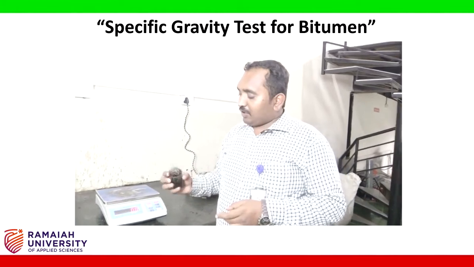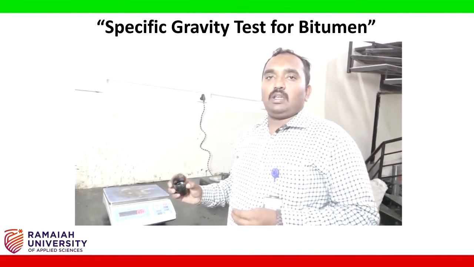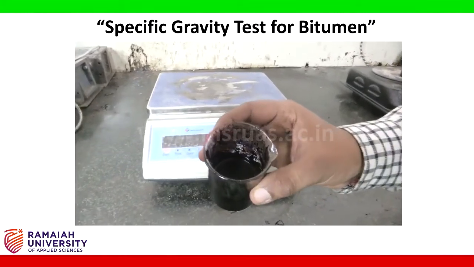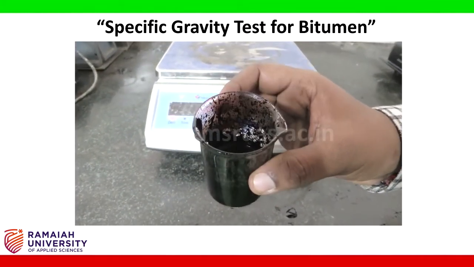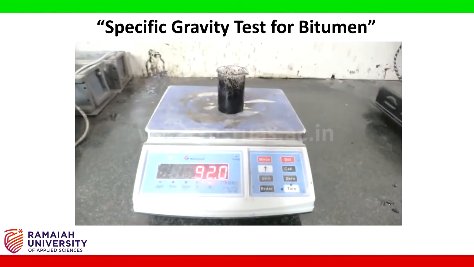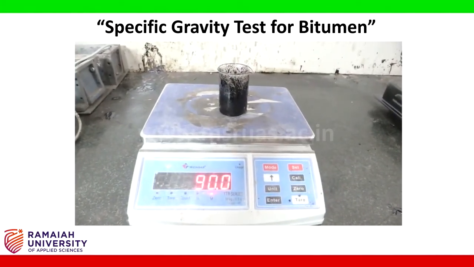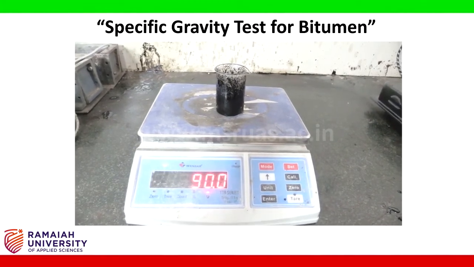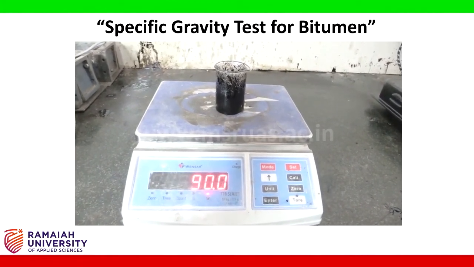So after cooling or conditioning the specimen in air for half an hour, we are going to take the weight of the beaker plus half filled bitumen. Note it down as C. Fill the remaining portion of the beaker with distilled water.